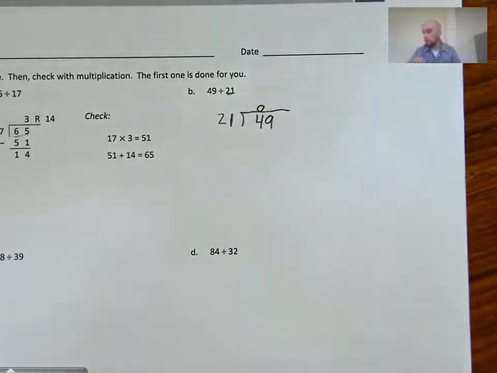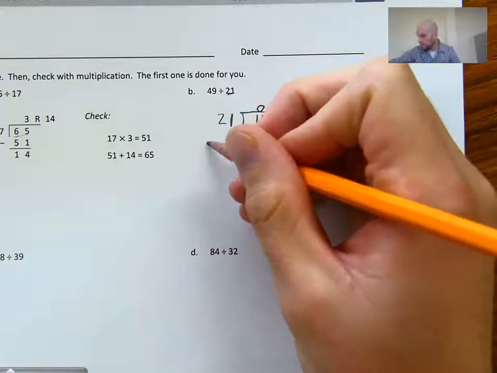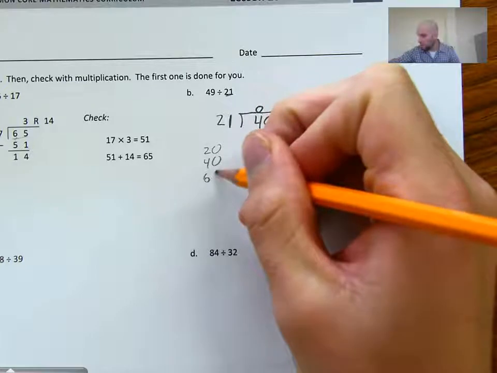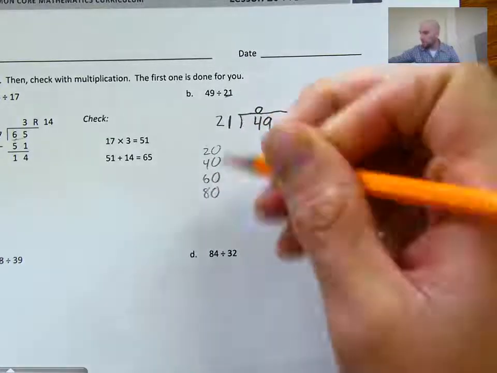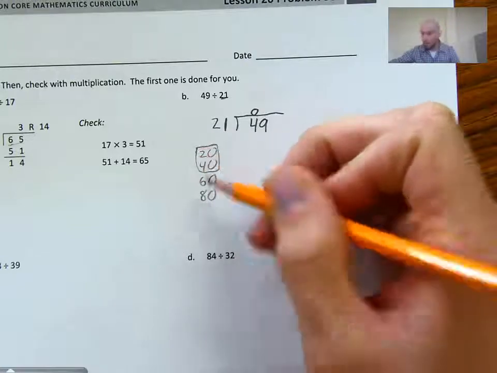So I'm going to use 20 for this one. And if I do, we can skip count by 20s. 20, 40, 60, 80. Okay, so 40 is close to 49. I know I'm going to be somewhere right around here.